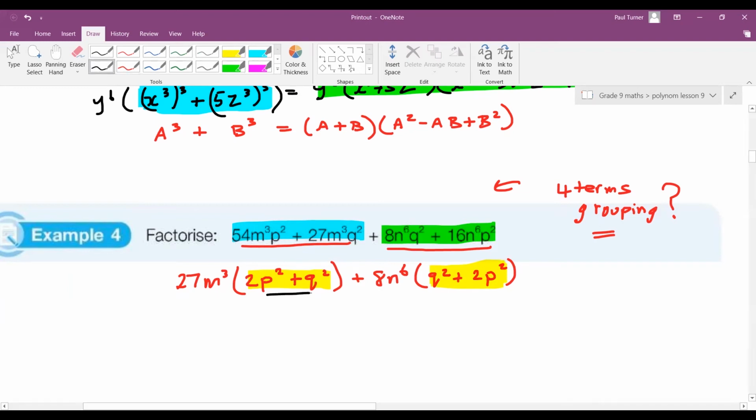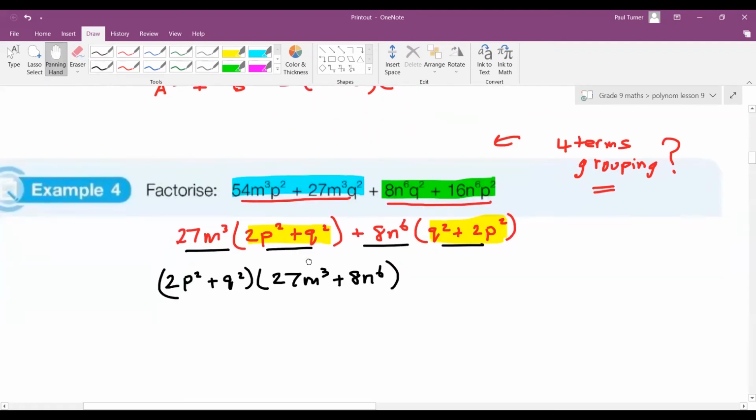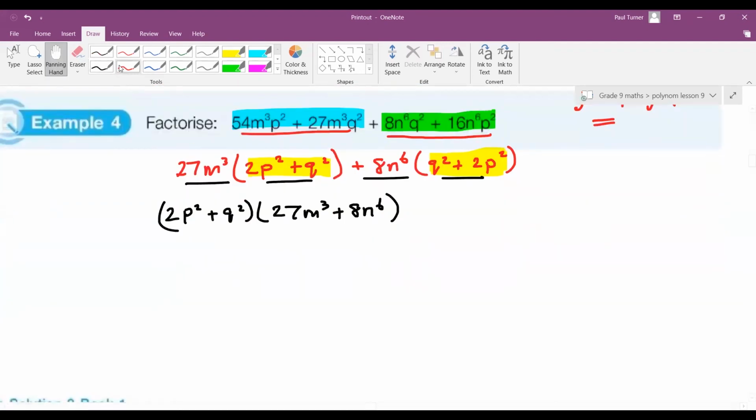So we'll take these 2 out to the front. 2p squared plus q squared. And you are left with 27m cubed plus 8n6, like that. But the first term, there's nothing you can do with this first factor.